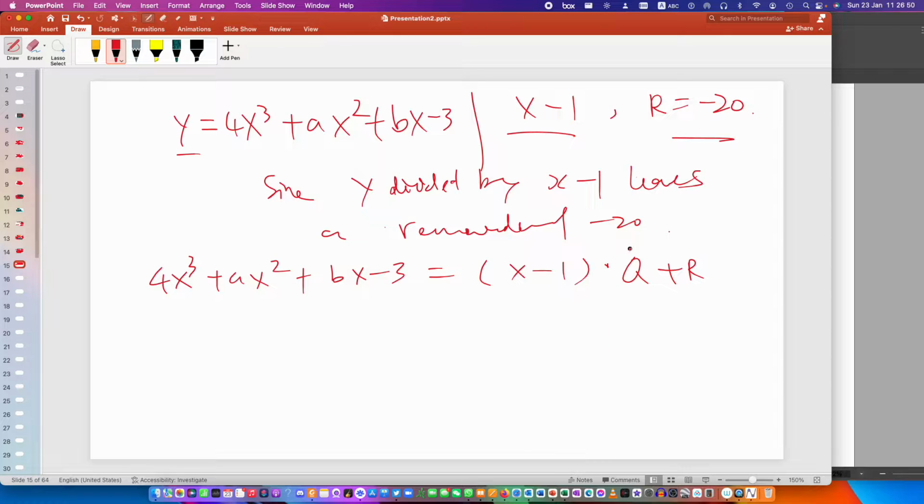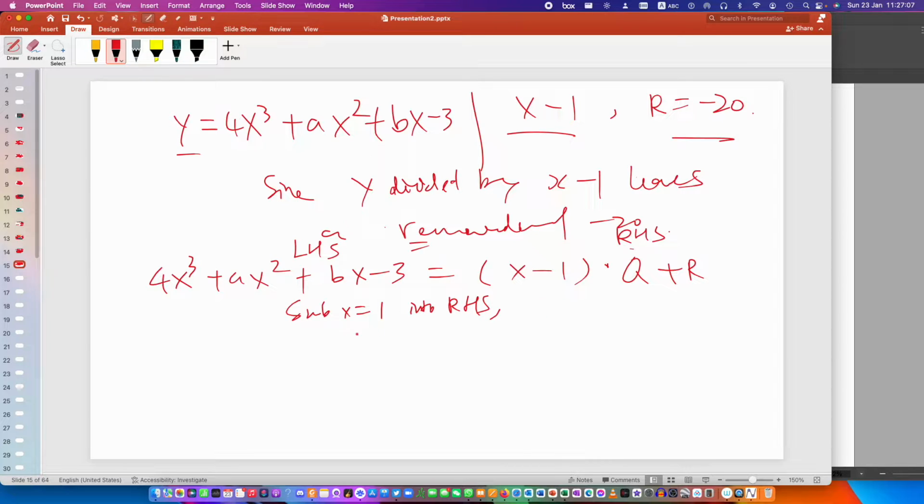So this is your RHS. I'm not going to tell you LHS and RHS anymore from today onwards. So what you do? Sub x equals 1 into RHS first.